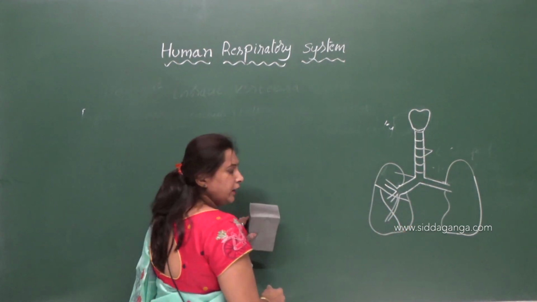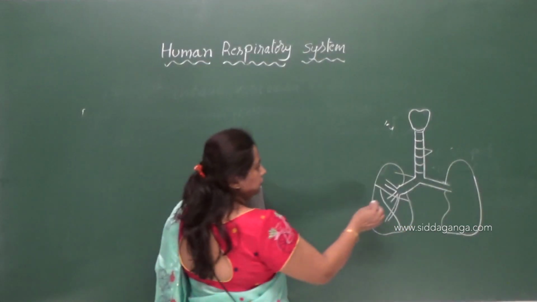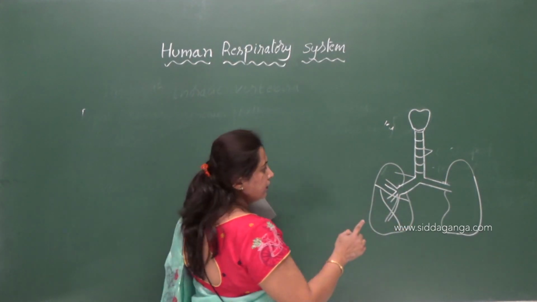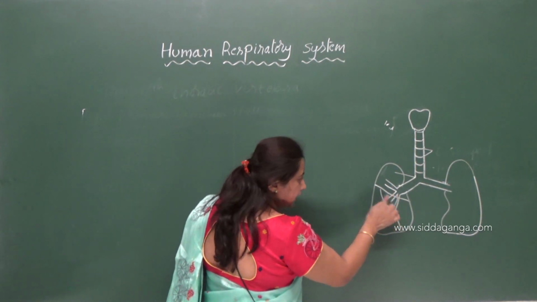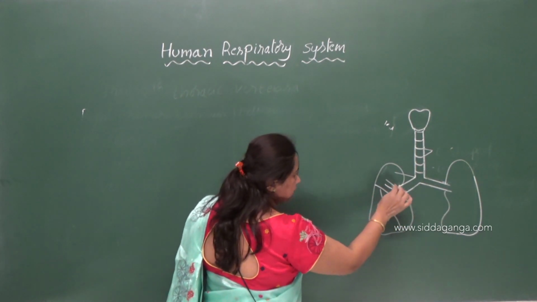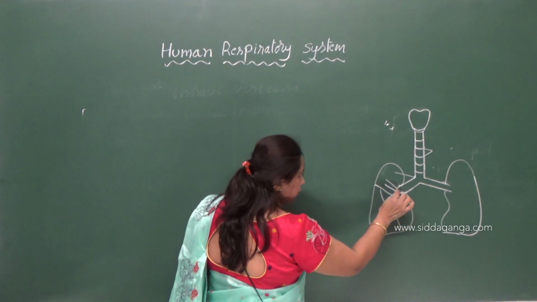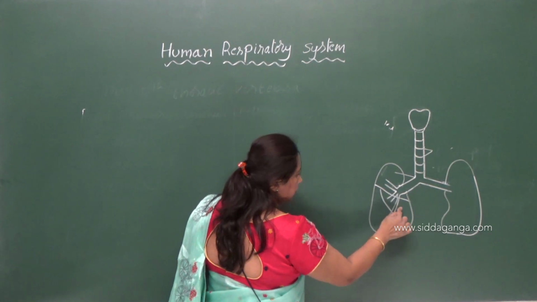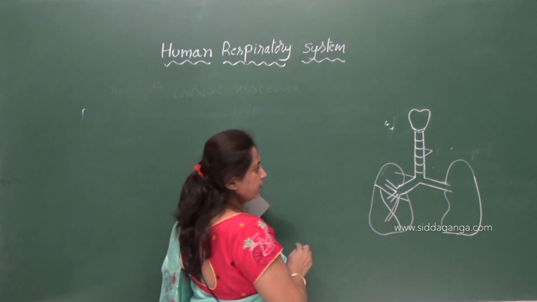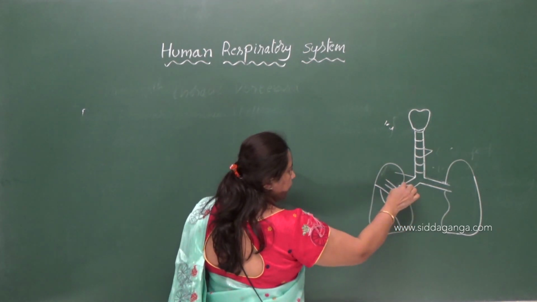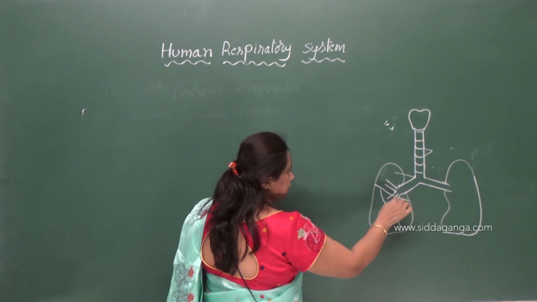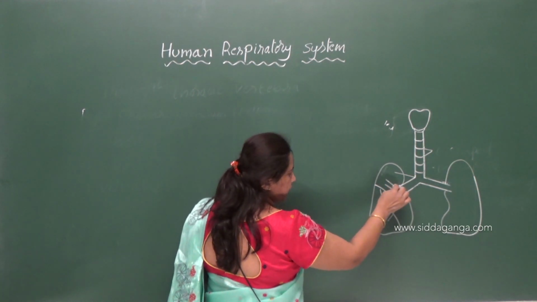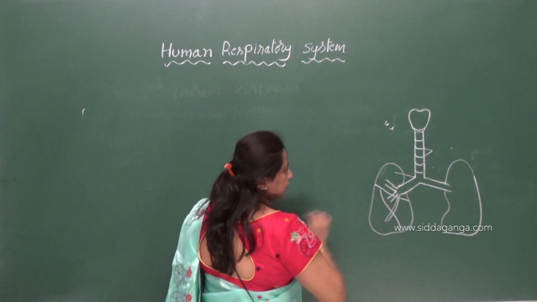These branches are called the secondary bronchi, and the number of secondary bronchi in the right lung is 3, one going into each lobe. This is the superior lobe, this is the middle lobe, and this is the inferior lobe. So the secondary bronchi in the right lung are 3 in number.